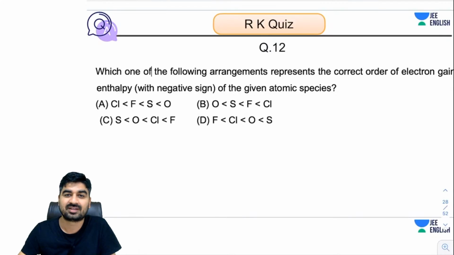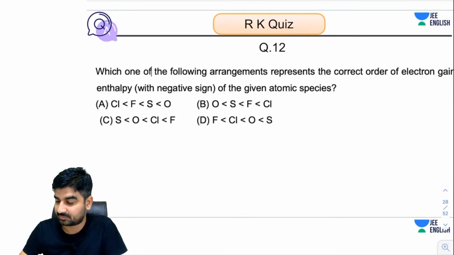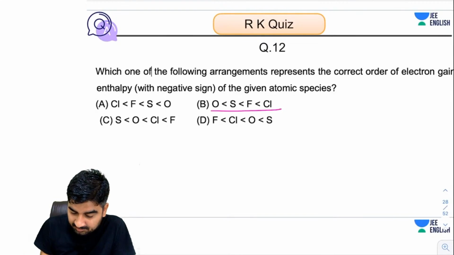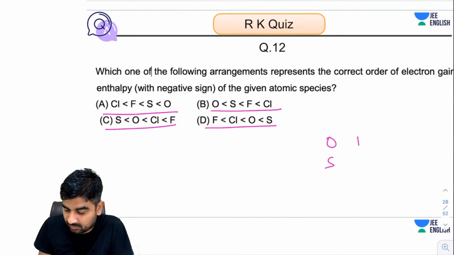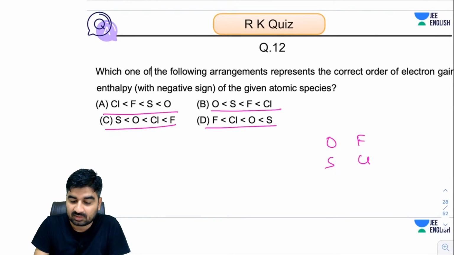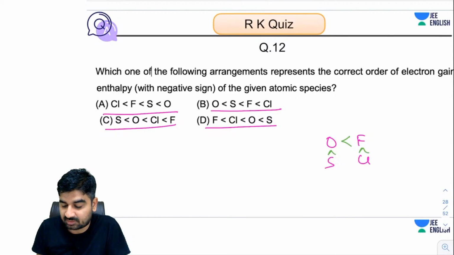Okay, so how do we solve it? Just arrange them. You have oxygen, sulfur, fluorine, chlorine. Now let me do it. Sulfur has more than oxygen, and between oxygen and fluorine, fluorine has more. Between sulfur and chlorine, chlorine has more.